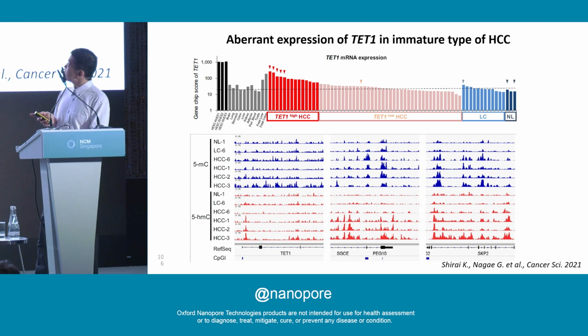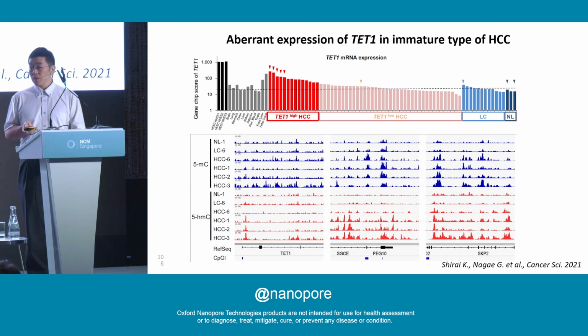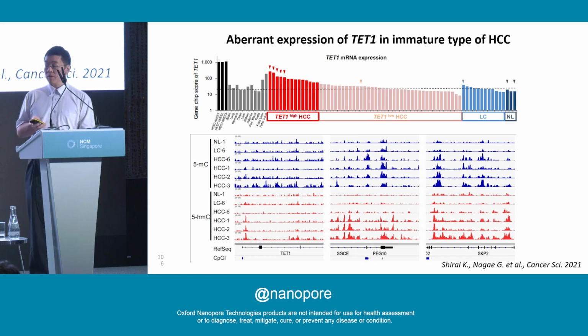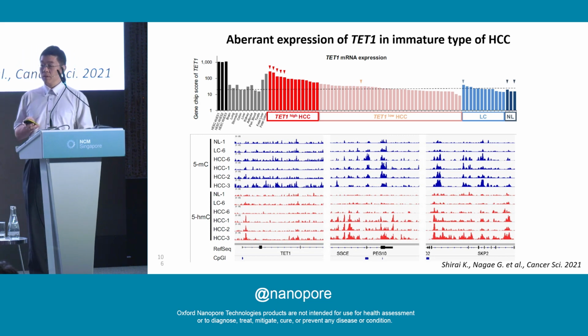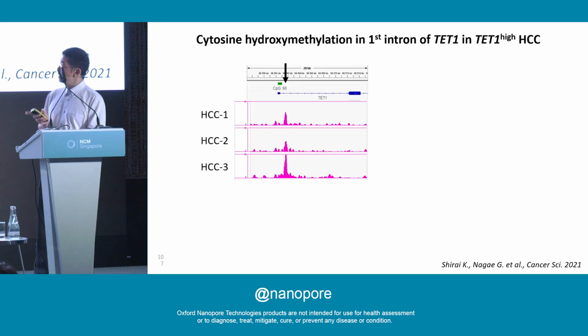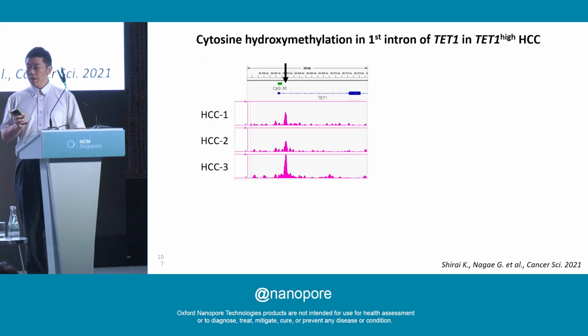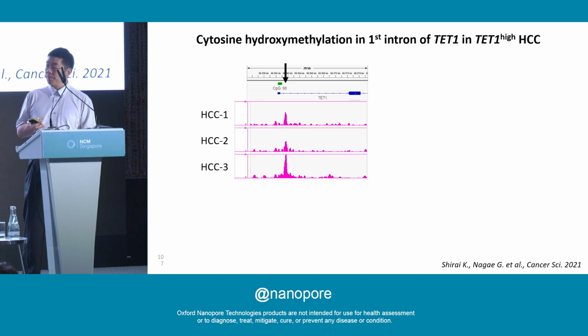We also studied the aberrant expression of TET1 in upregulated liver cancer, and we previously reported ectopic 5-hmC deposition by 5-hmC deep sequencing, an immunoprecipitation-based approach. We analyzed this identical genome by nanopore sequencing.